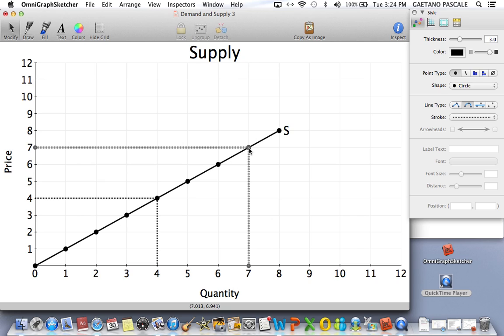I've stayed on the pre-existing supply curve, but I've moved to a different location along it. So it's similar to the notion of change in quantity demanded. You stay on the same supply curve for the change in quantity supplied. If I move from any point on an existing supply curve to another point on it, that is a change in quantity supplied.